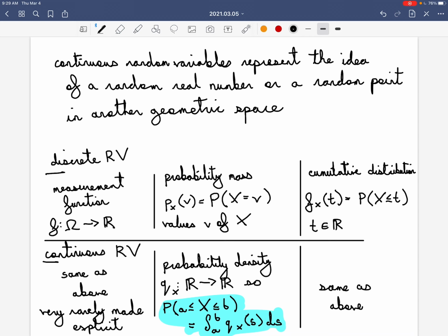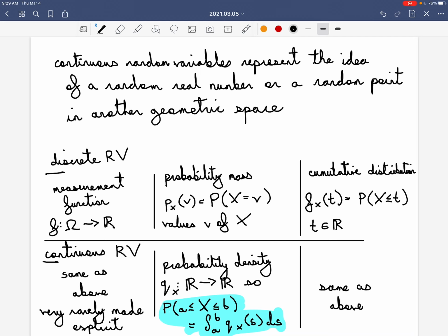The simplest example is to think of the unit interval, all the numbers between 0 and 1, as some sort of little stick of length 1. And then you're just choosing a random point on that stick and measuring the point you chose.